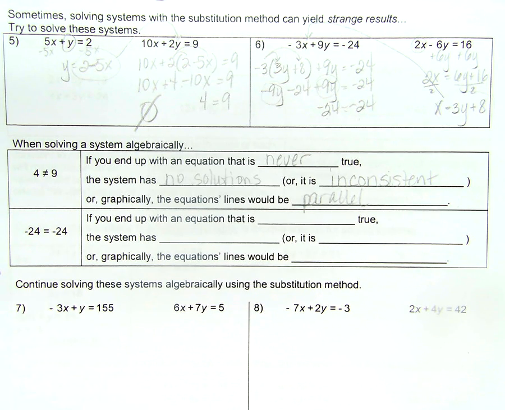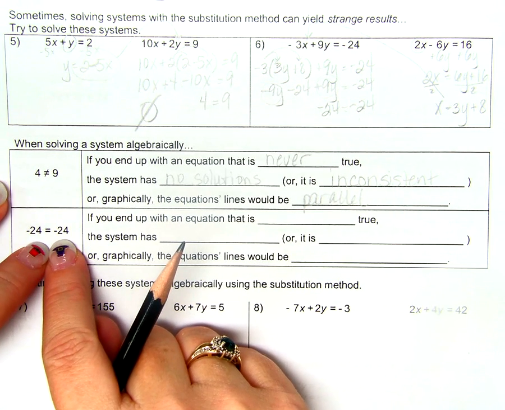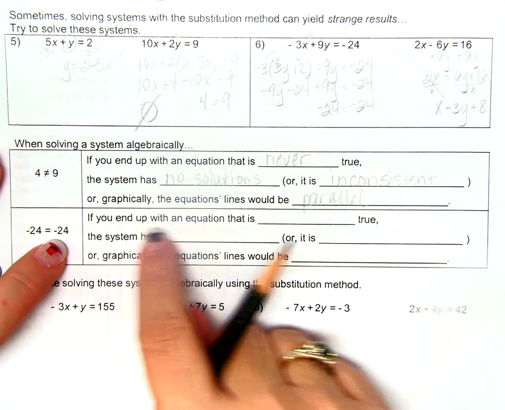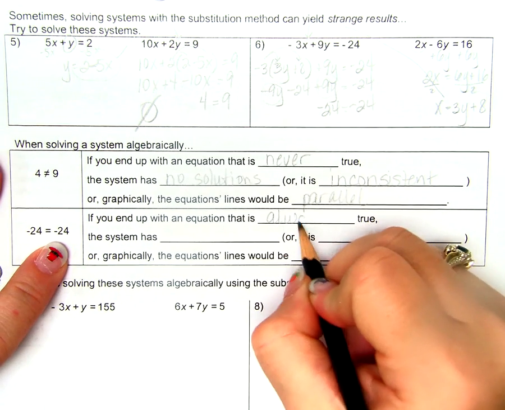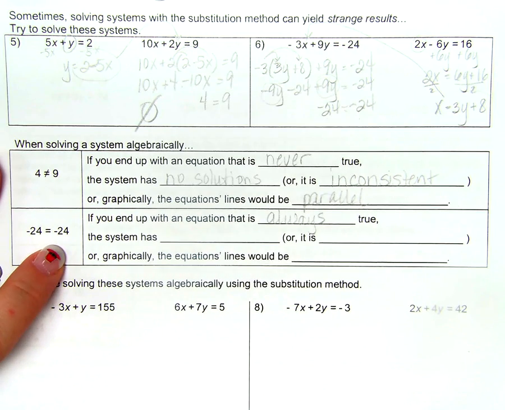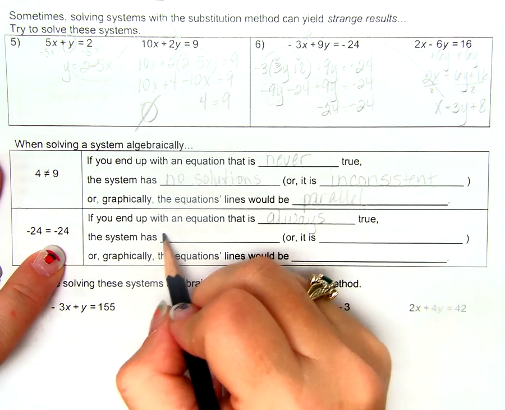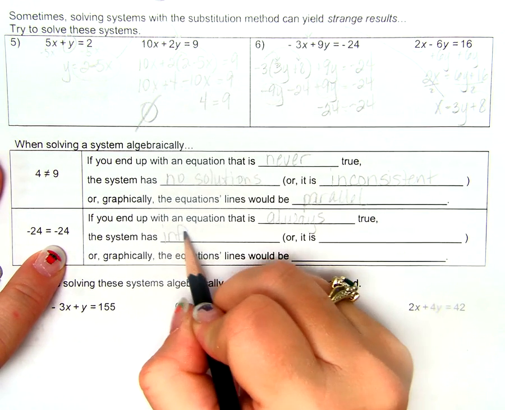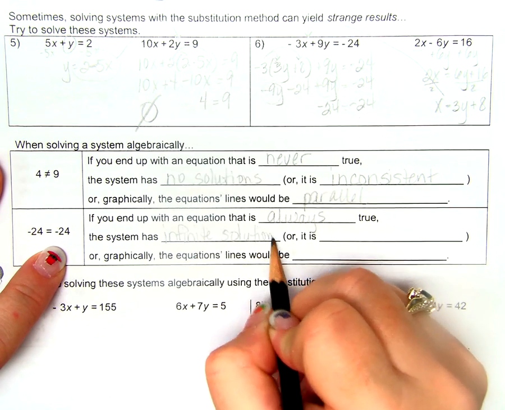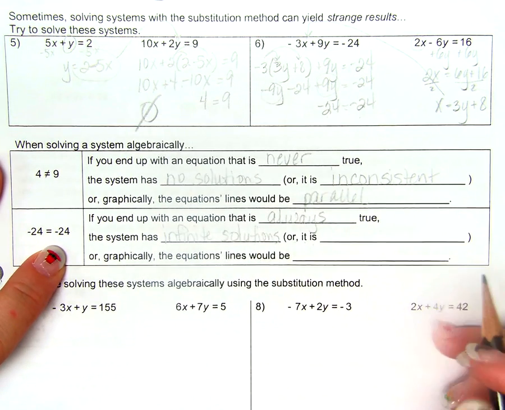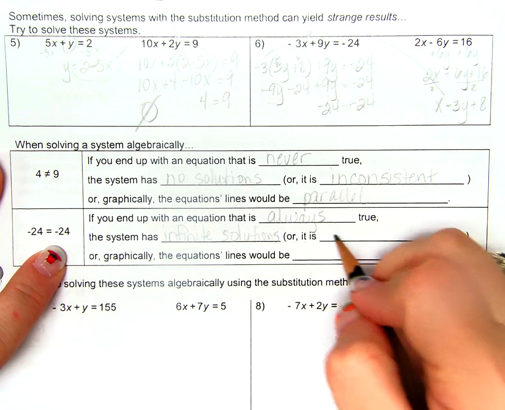Okay? So what about here? If you end up with an equation that is always true, the system has infinite solutions. Nice. Or it is consistent, yes.